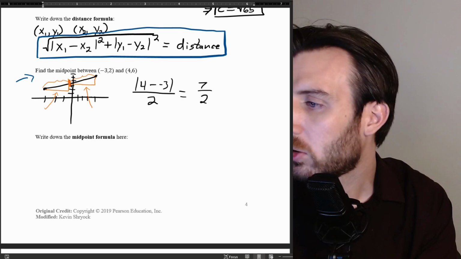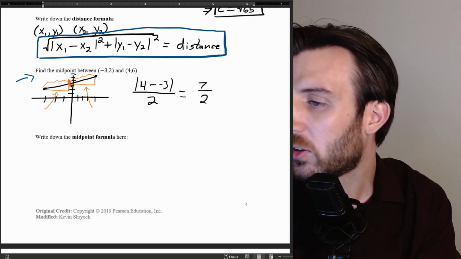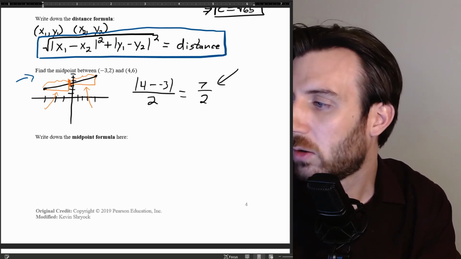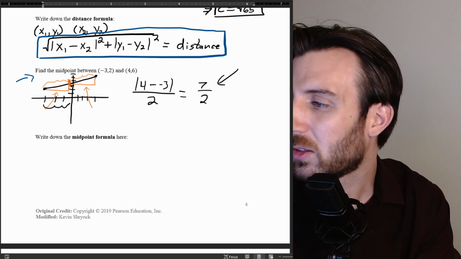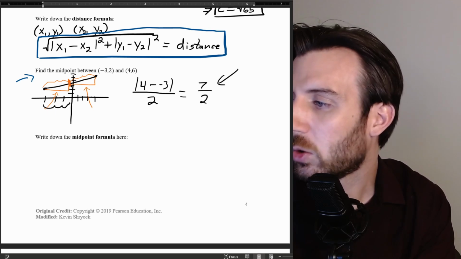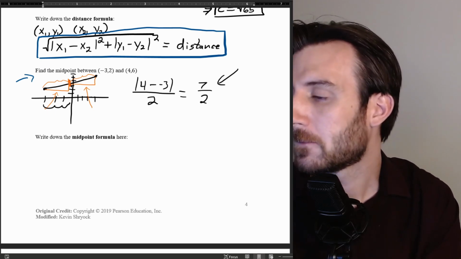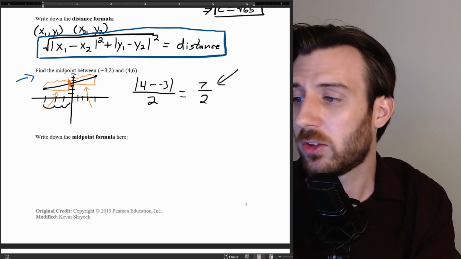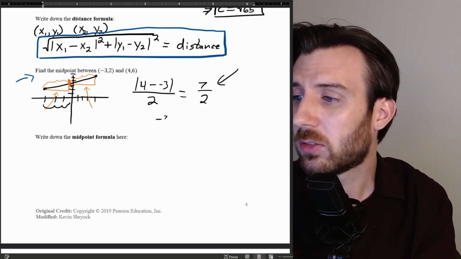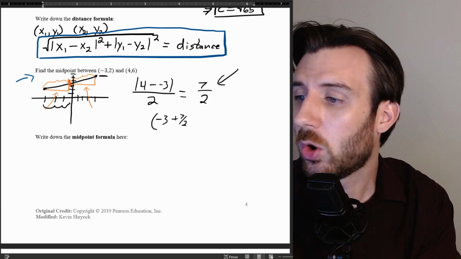I'm going this far over from one of them. 1, 2, 3 and a half would get me here, and then I need to go up. That seems about right. So that's one option. Each of them is 7.5 away. So you could think of it as negative 3 plus 7 over 2 to get me from my original x value over to the midpoint.